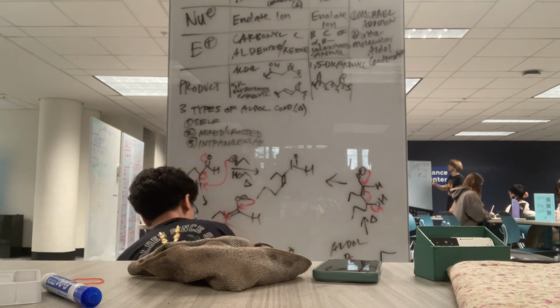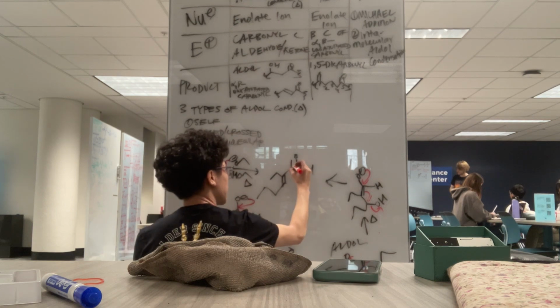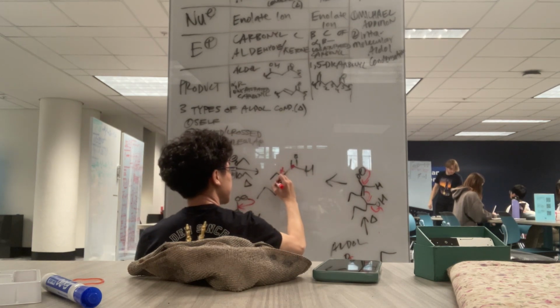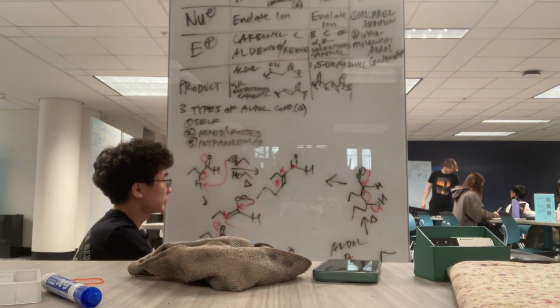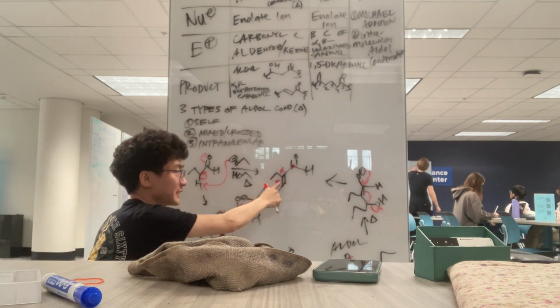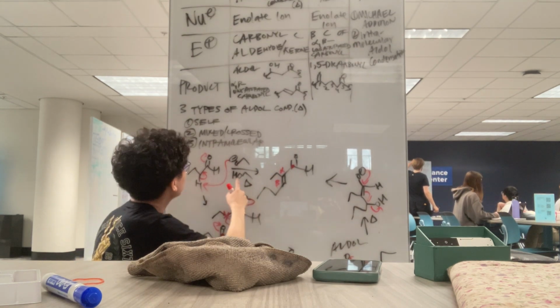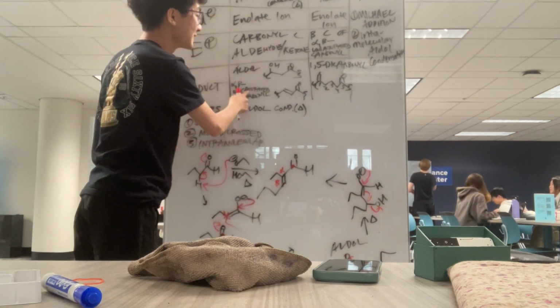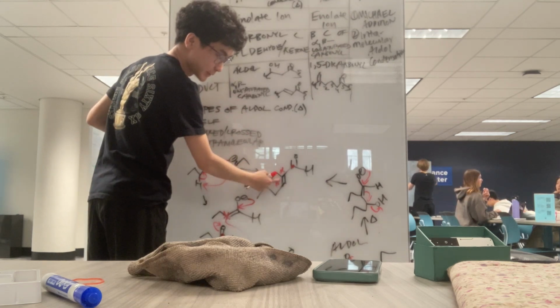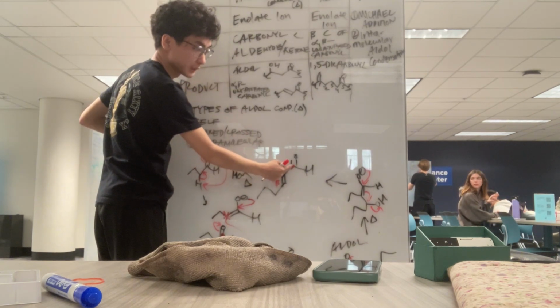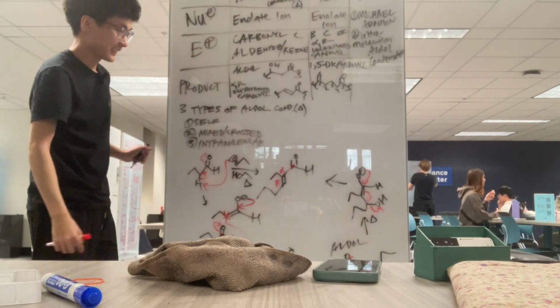This is an alpha beta unsaturated carbonyl because this is the carbonyl carbon, this is the alpha carbon, and this is the beta carbon. There is a double bond between the alpha and beta carbon, an unsaturation relative to the carbonyl.